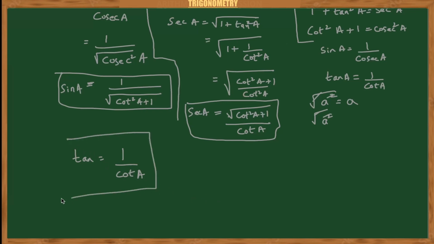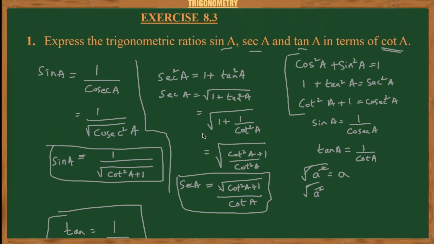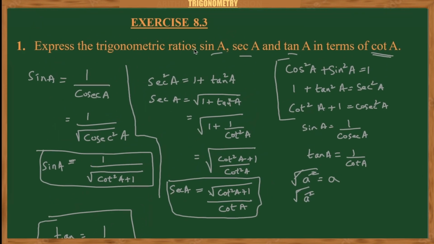So we have solved the first question which was being asked. We need to express the trigonometric ratios sin A, secant A, tan A in terms of cot. Remember, these are the formulas and identities which we can utilize to solve this problem. With this, let's move to the next question, students.